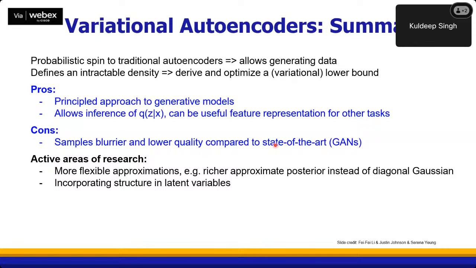So basically, you will see that with variational autoencoders, the quality of the generated image is not as good as that generated by the generative adversarial networks. It is an active research area. There is still a lot of scope to do research in this.